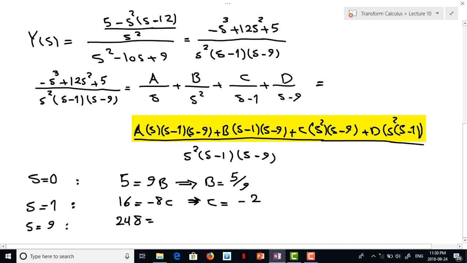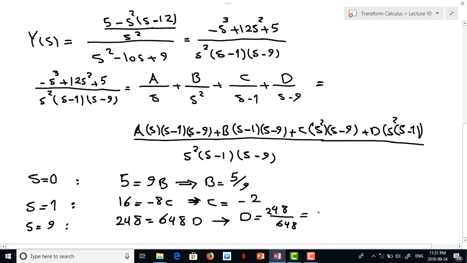So we have d. 9 minus 1 is 8, 8 times 9 squared is 648, times d. As a result, d is equal to 248 divided by 648. If you simplify, you can see it's equal to 31 divided by 81.